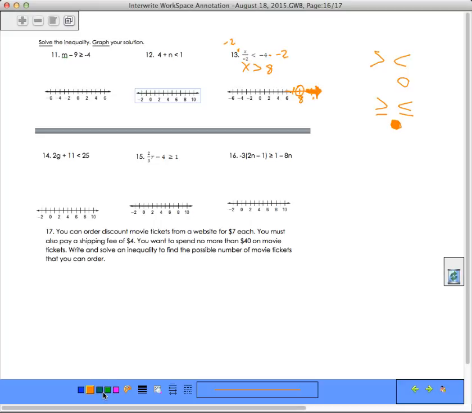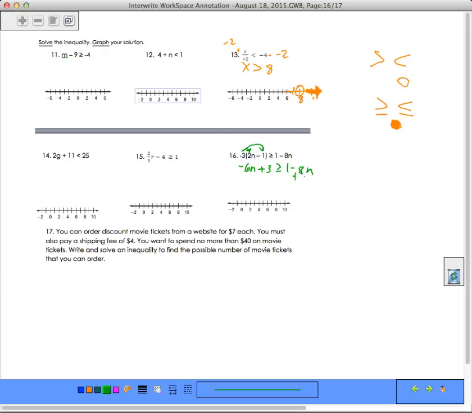All right, number 16, we have some distribution again, so we're going to distribute negative 3. We have negative 3 times 2n is negative 6n. Negative 3 times negative 1 is positive 3. Is greater than or equal to 1 minus 8n. From there, I have n's on both sides.